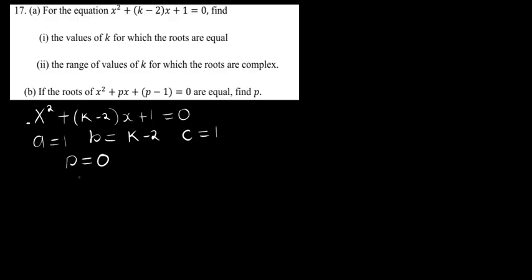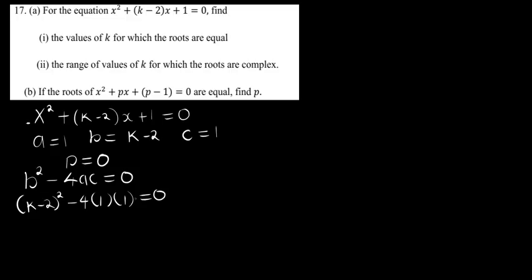The discriminant is b squared minus 4ac, and we equate it to 0. Your b here is k minus 2, squared, minus 4, your a is 1 and your c is 1, then equate to 0.